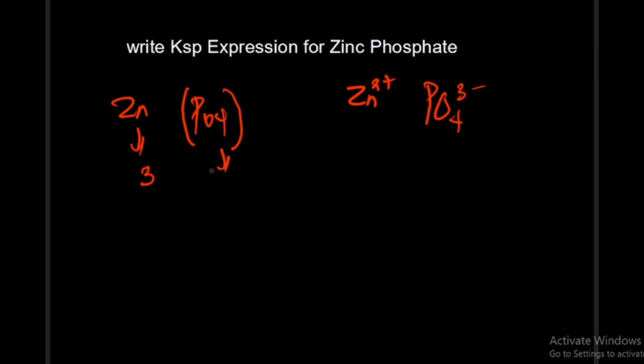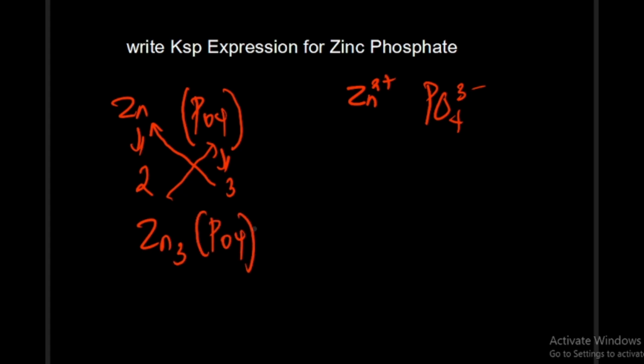Here we have 2. Whenever you're doing this, you need to be careful. This will move here, and this will move here. So the chemical formula is Zn3(PO4)2.